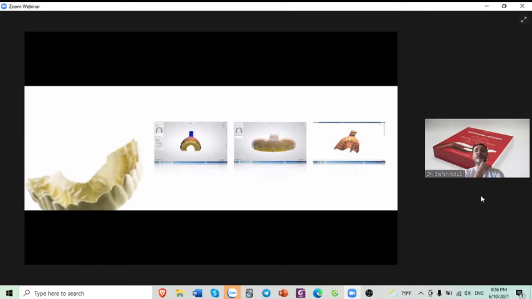How can we proceed to make this printed technology? You just have to digitalize your wax-up, so you scan your wax-up, and from that you will have, on Exocad or on 3Shape software, or whatever you want, the possibility to make, let's say, a template on top of that.